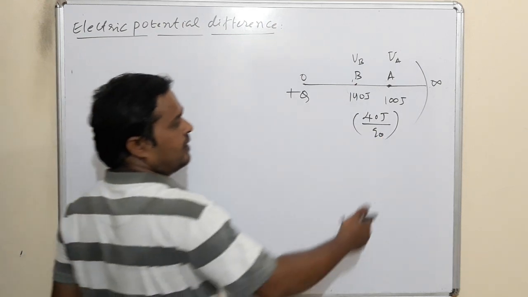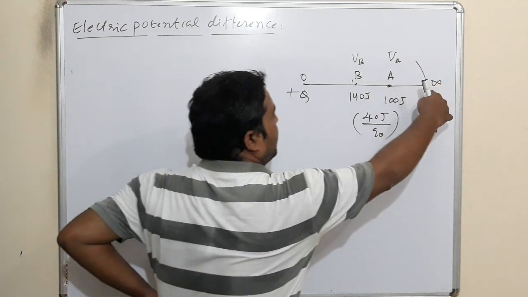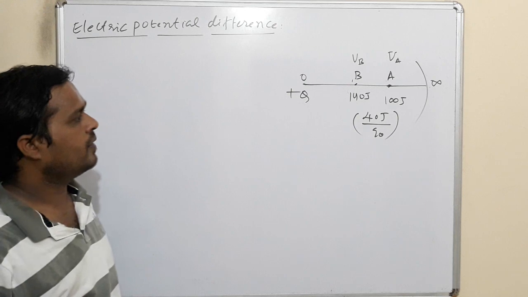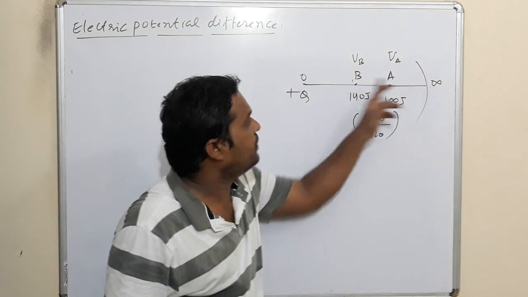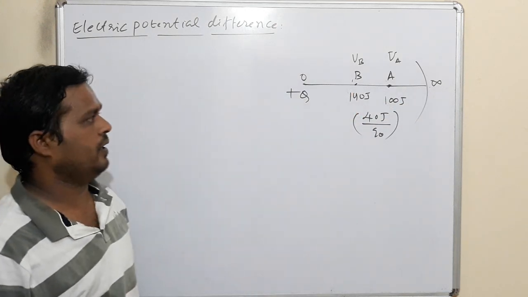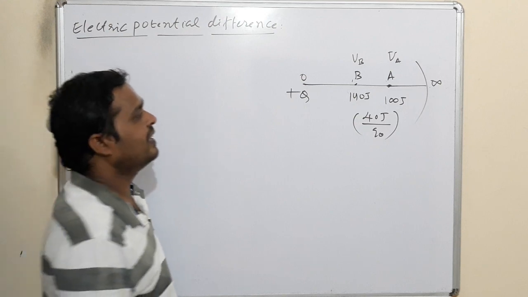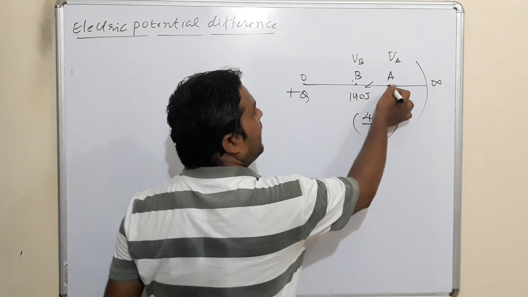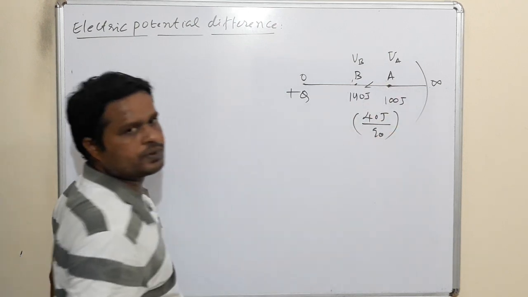That means in bringing the charge from infinity to A, I have done 100 joules of work. In bringing the charge from infinity to B, I have done 140 joules of work. Then if I ask you what is the amount of work done in bringing the charge from A to B, it is 40 joules.